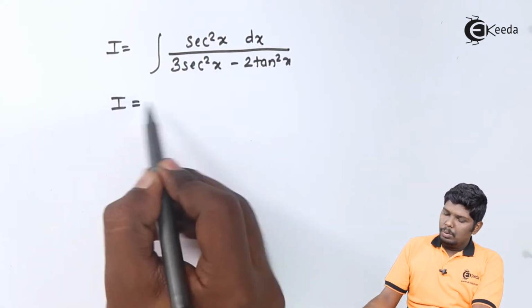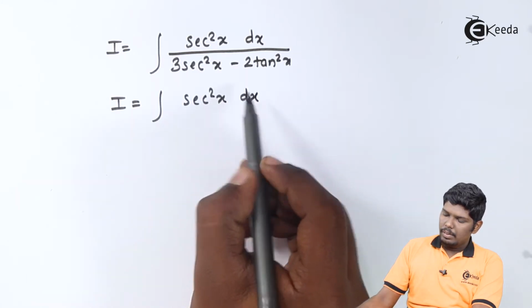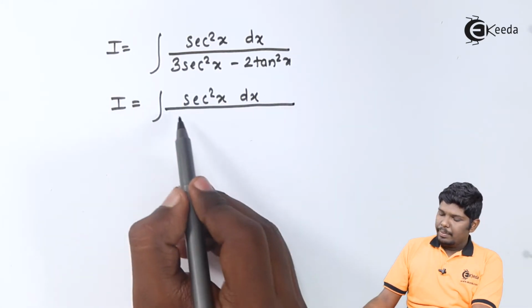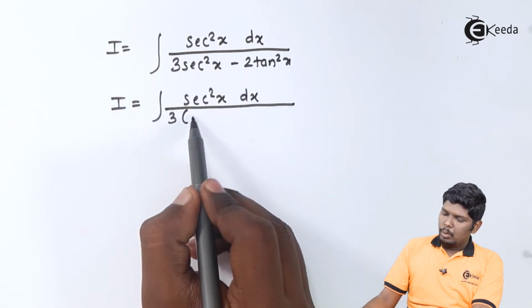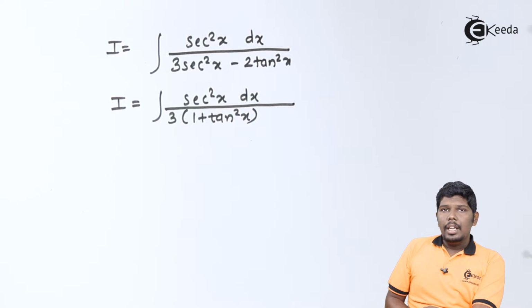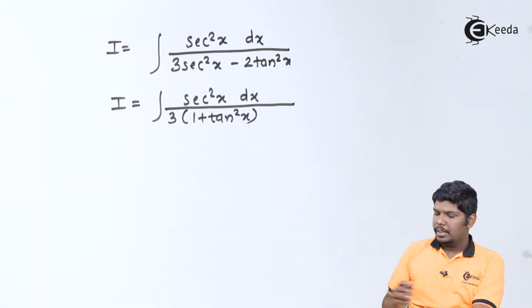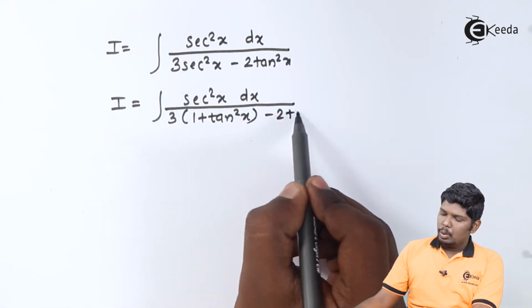This will give you integral sec square x dx upon 3 into sec square x is 1 plus tan square x. This identity is to be used only when sec square x is in denominator, not in numerator. Since it was in denominator, we have written it as 1 plus tan square x minus 2 tan square x.